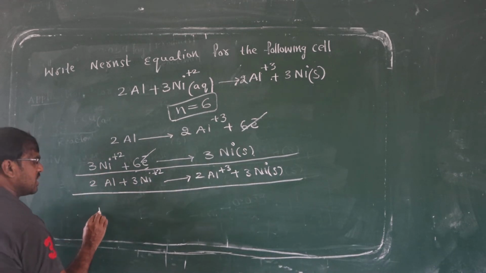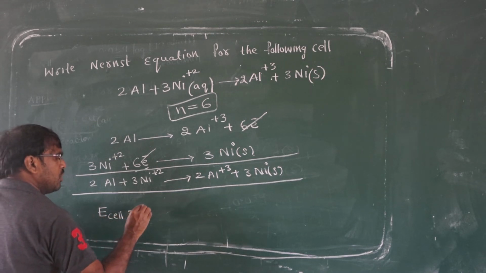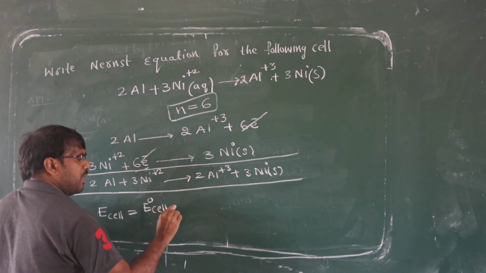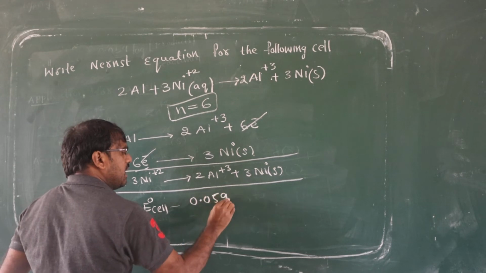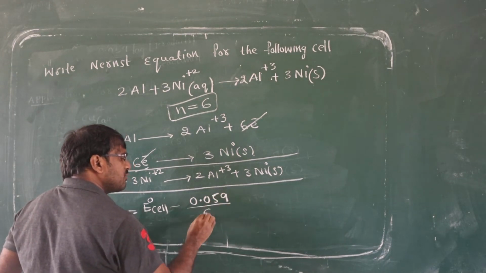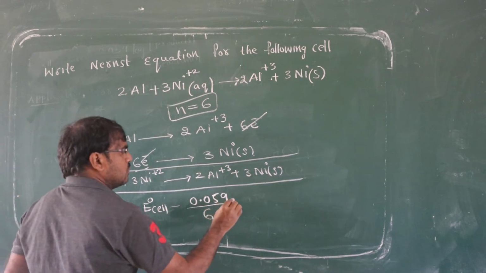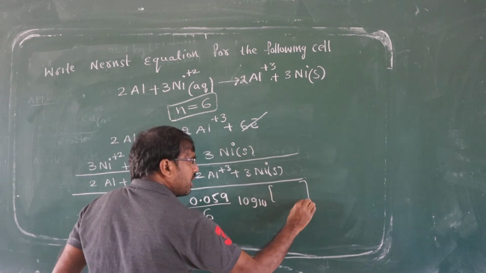This equation: E cell is equal to E naught cell minus 0.059 by n. In place of n, what we have to take? 6 we have to take. Log base 10 of the concentration of product.